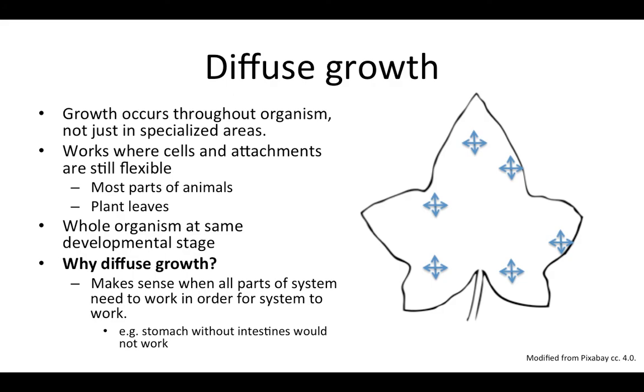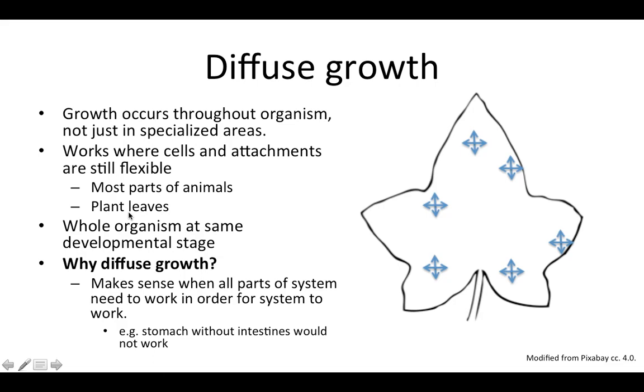The alternative to localized growth was diffuse growth. This is when growth occurs throughout the organism, not just in specialized areas such as plant meristems. Diffuse growth is what we tend to see in most parts of animals, as well as some parts of the plant, for example, the leaves.